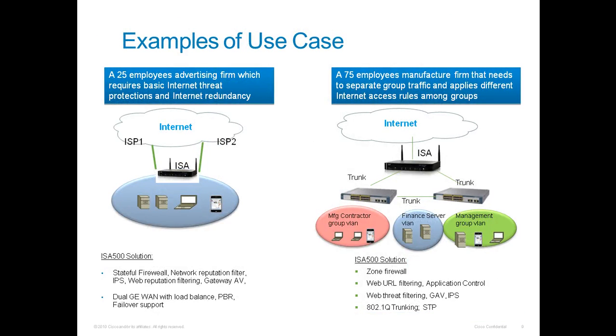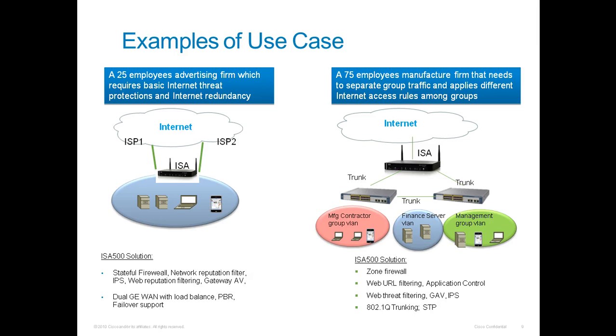This is the example of the case of the ISA500. On the first example, we have the company that subscribes to 2 internet service providers. We can configure the load balancing between ISP1 and ISP2.